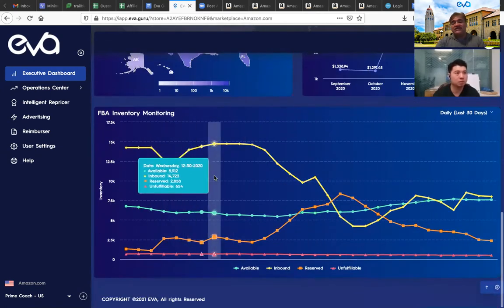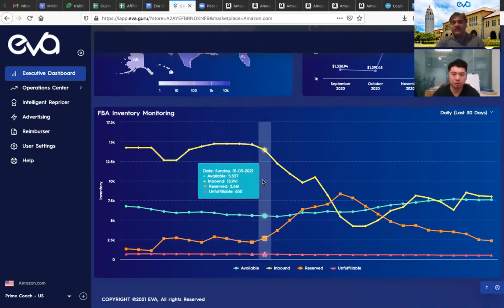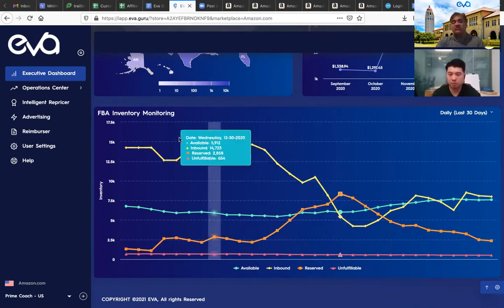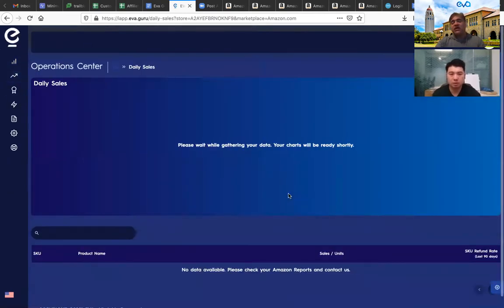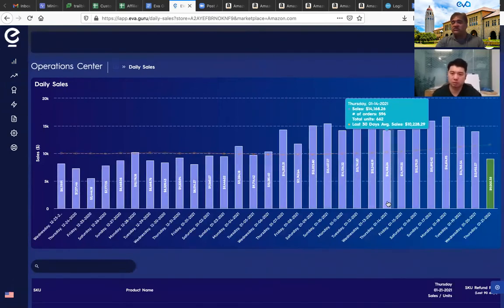We also show, as I said, it's not only about pricing. We have a great focus on the FBA inventory. And we show the available units at the store level, the back-ordered units, inbound and unavailable units, but we also do the same at the SKU level. Then we have an operations center where we are able to see the daily sales.